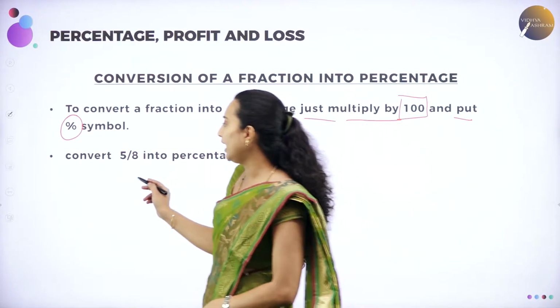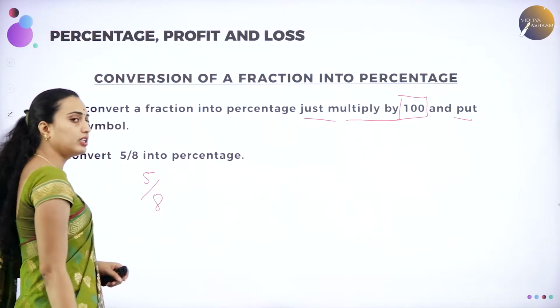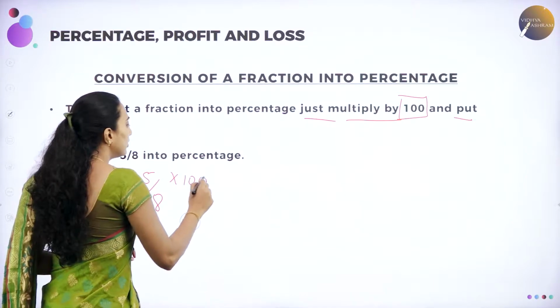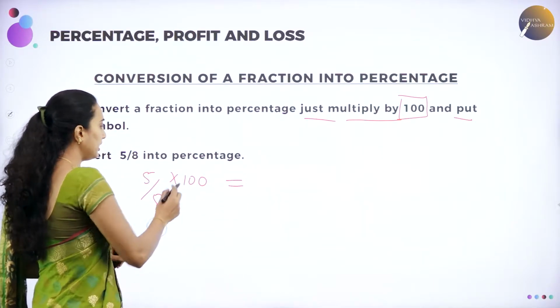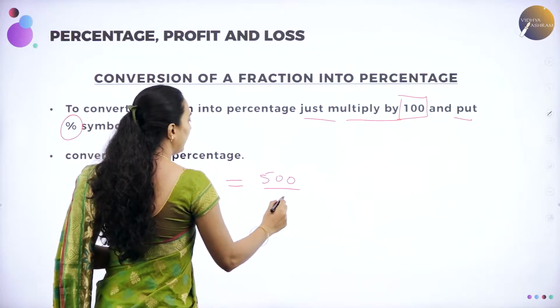This 5 by 8 as it is, I am going to write as 5 by 8. Now just multiply this by 100. 100 into 5 is nothing but 500, divided by 8.